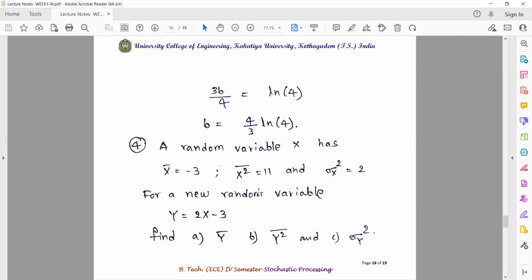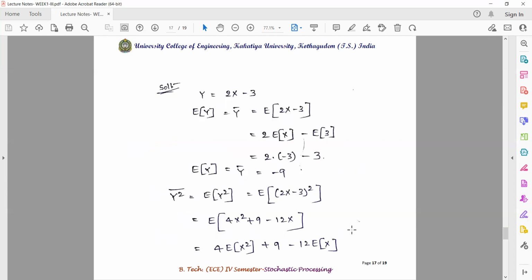And for a new random variable, say Y is equal to 2x minus 3, the question is to find y bar, the expectation of y square, and sigma y square, that is the variance of y. So we'll solve this problem.